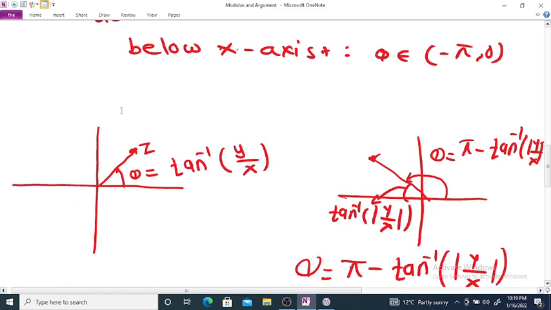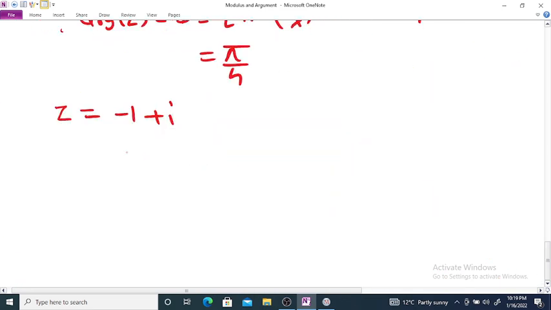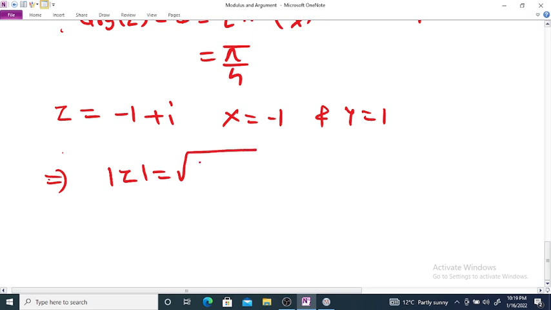Next, if we take the next complex number z is equal to minus 1 plus i, that is, it lies in the second quadrant. You can check here, in the first example our complex number lies in the first quadrant. Now in the second example the complex number lies in the second quadrant. So here again the real part of the complex number, x, is equal to minus 1 and y is equal to 1. So the modulus of z is again under root of x square plus y square, so it is equal to under root of 1 plus 1, which is under root of 2.